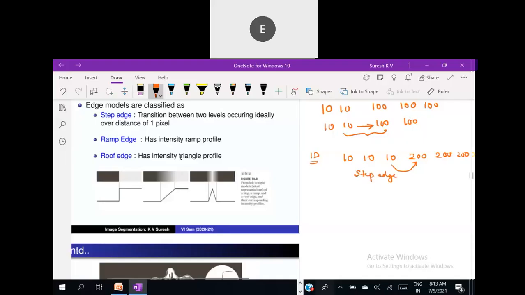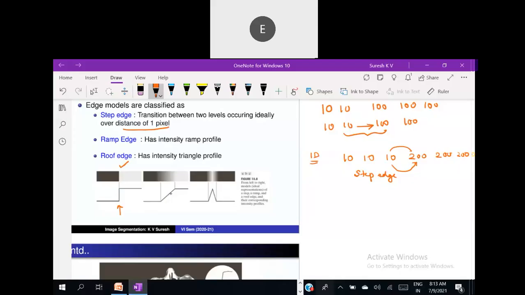And notice here, there is a sudden change from dark to white. This is a place where it is changing, and this transition happens over a distance of just 1 pixel. You observe here, this has happened over a distance of just 1 pixel. So this type of edge is called a step edge.